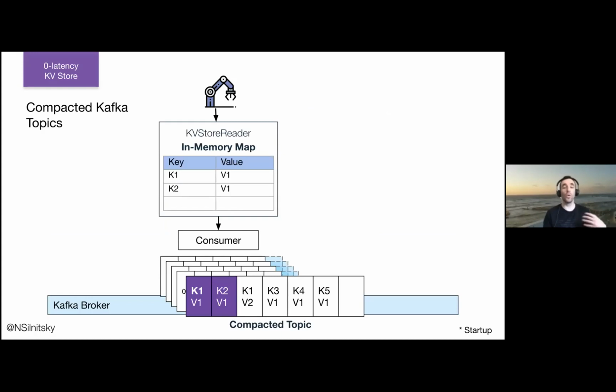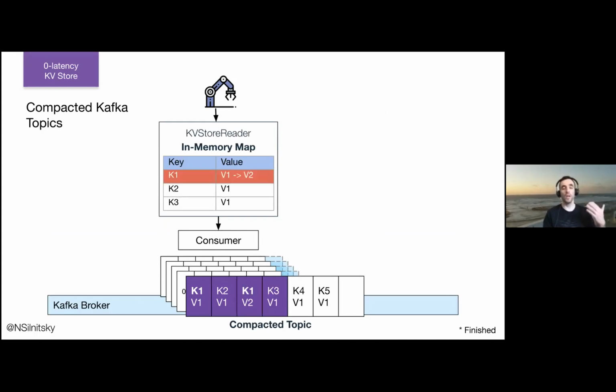So at Wix, we created a data structure called key value store reader that has an in-memory map where on the service startup, we'll read sequentially all the partitions from the compacted topic and create an in-memory representation of this information.